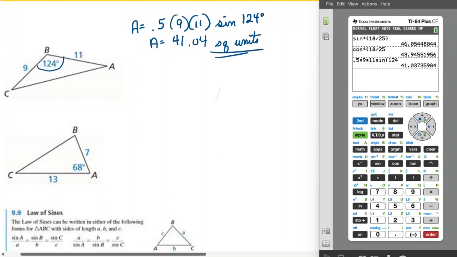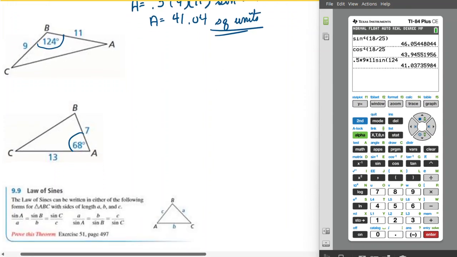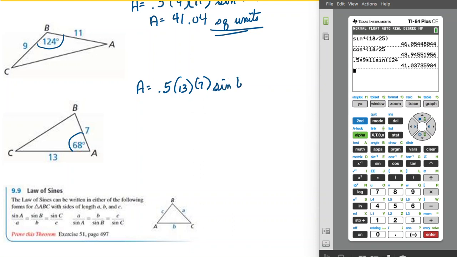Be very careful. Here we have two sides and an enclosed angle. So our area is one half of the 13 times the 7 times the sine of 68 degrees.